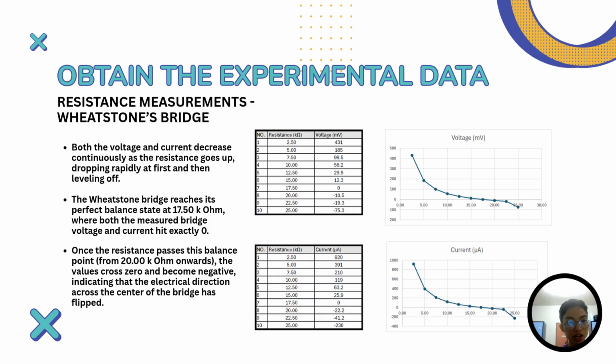The Wheatstone bridge reached its perfect balance at 70.5 kilo ohm, where both the measured bridge voltage and current hit exactly zero. Once the resistance passes this balance point, the values cross zero and become negative, indicating that the electrical direction across the center of the bridge has flipped.